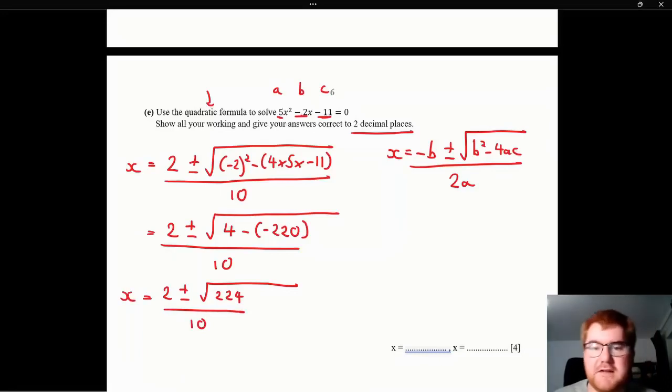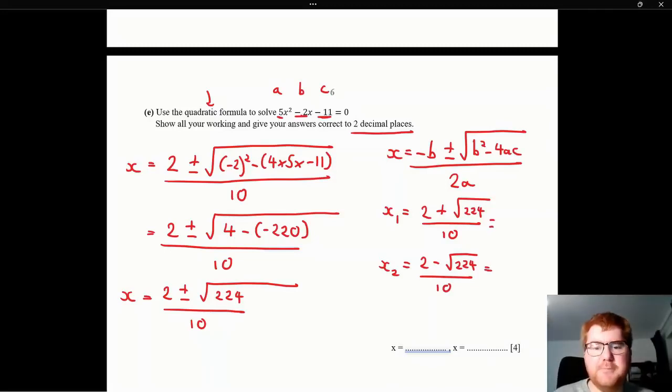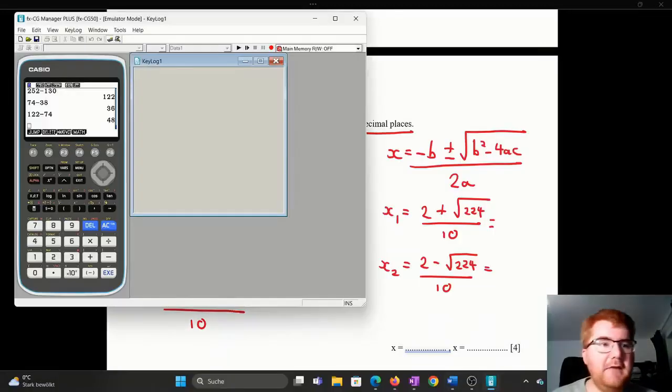And now we want to work out the two answers. So x1 will be 2 plus root 224 over 10. x2 will be 2 minus root 224 divided by 10. At this point, this is a case of just putting it into our calculator and not making any silly mistakes.